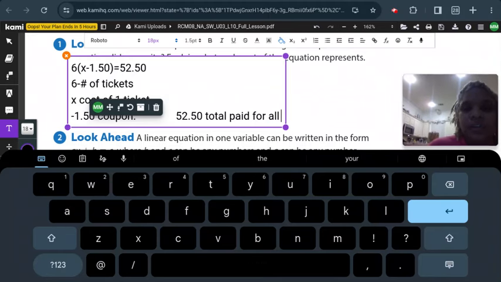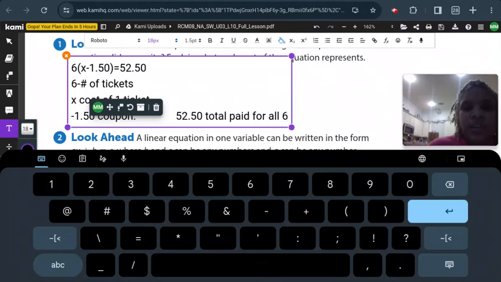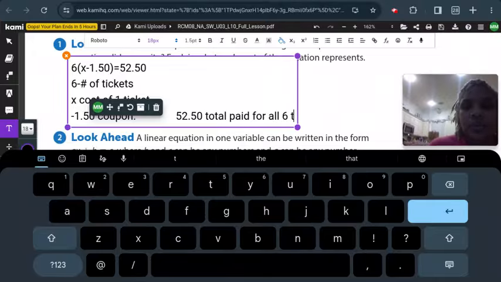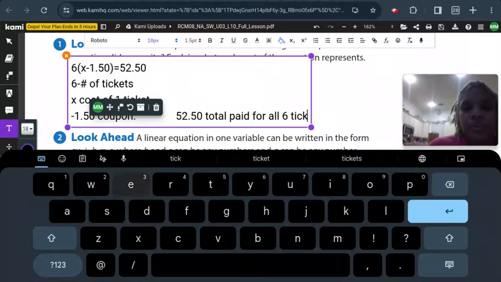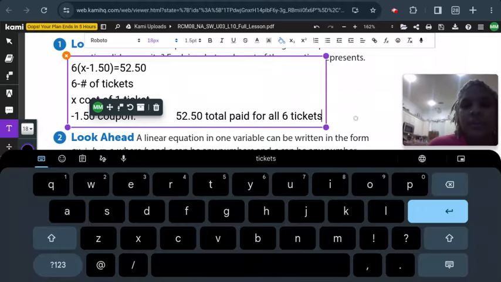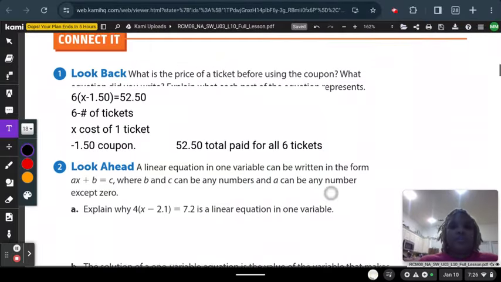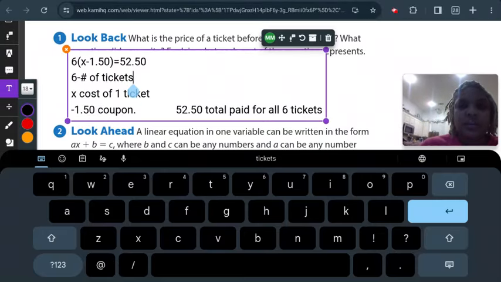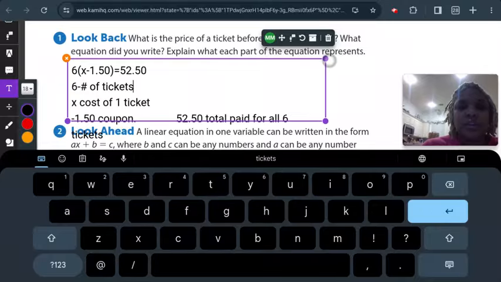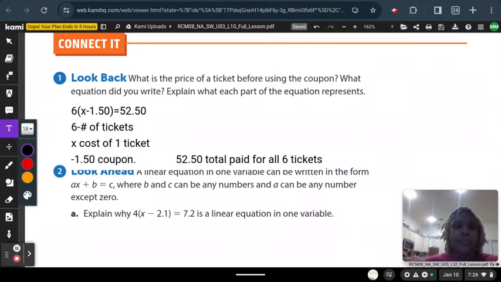So the total paid for all 6 tickets. I have no idea why my computer is going so slow, but I hope you all can write all this down with me. All right? Perfect. So ask yourself, what does that mean and what does it represent? And there you go.